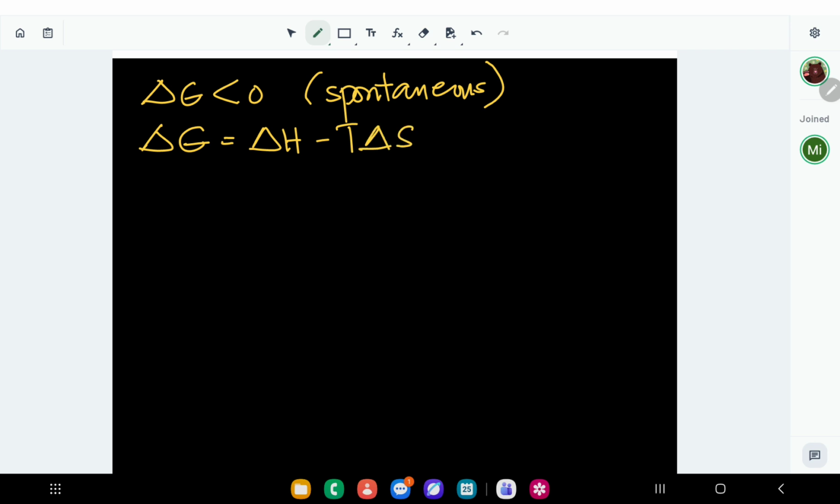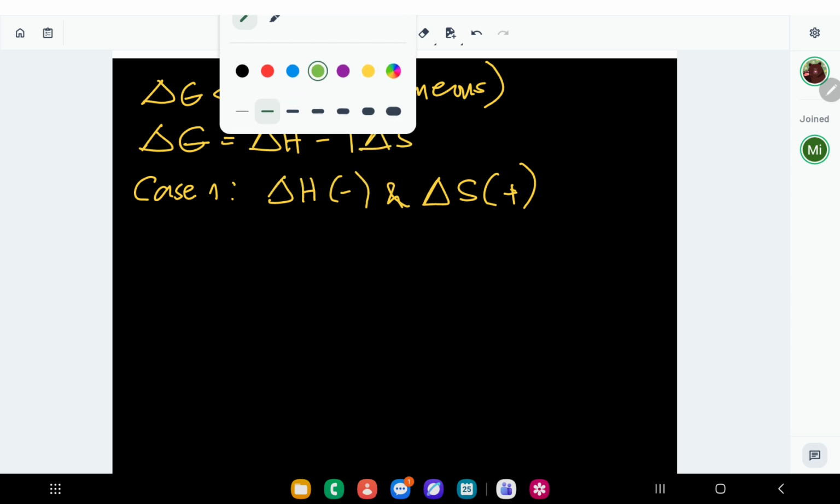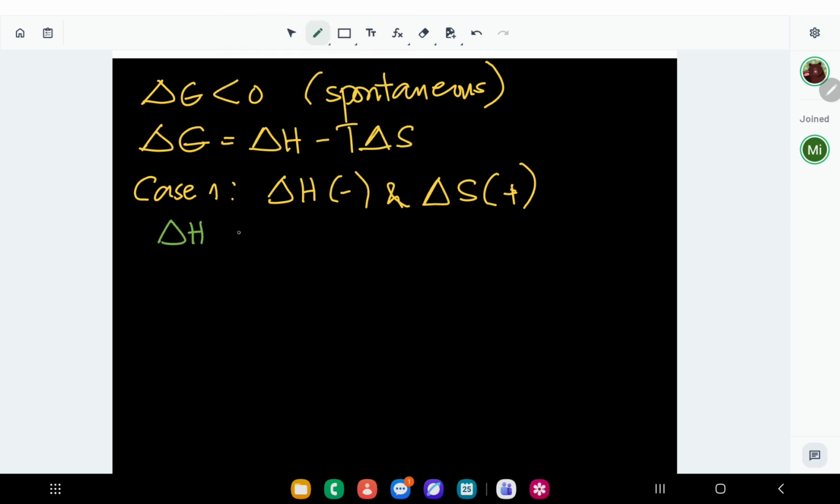There are cases. So the first case, case 1. If delta H is negative and delta S is positive, delta H here being negative is favorable. Then delta S positive is also favorable.